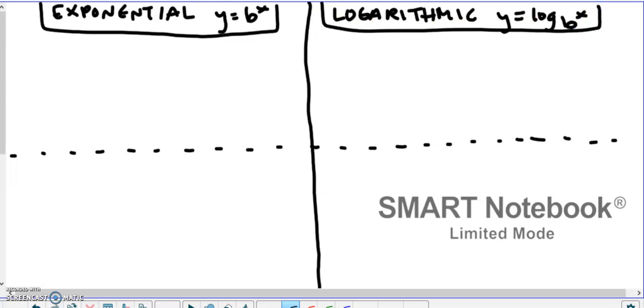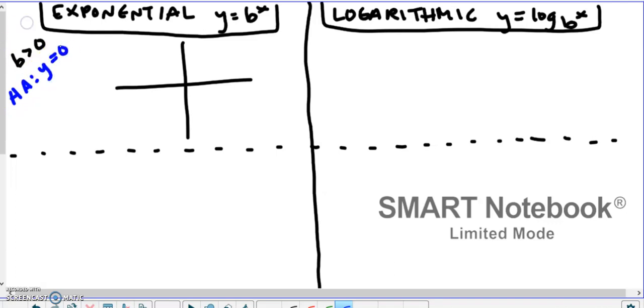So the very first exponential function we did was for b greater than 0. And all the exponentials we did had 3 characteristic features that we used every time we graphed. The first one was that there was a horizontal asymptote at y equals 0.